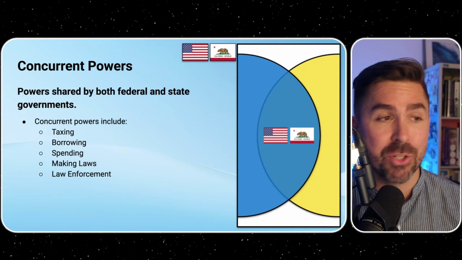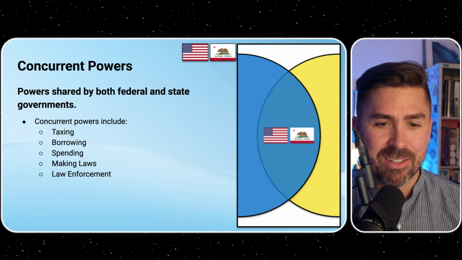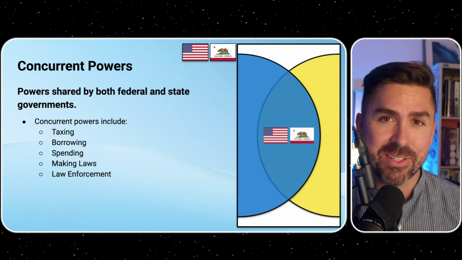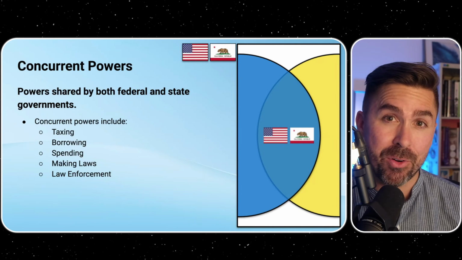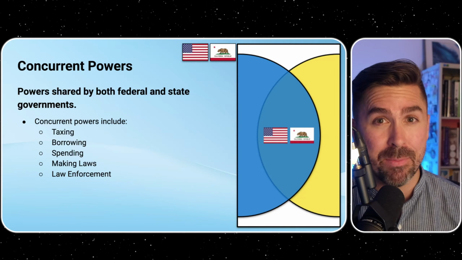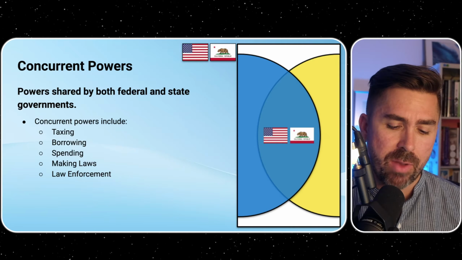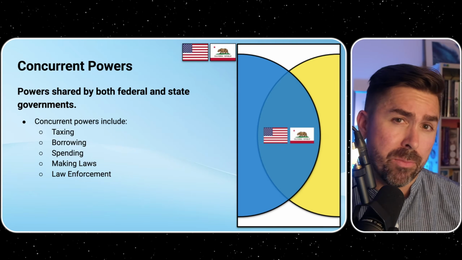We have national law enforcement. Think about the FBI or the DEA, the Drug Enforcement Agency. These are national, federal law enforcement agencies. And if you get caught or arrested by them for breaking the law, you're going to end up in federal court. And we also have our local law enforcement as well.